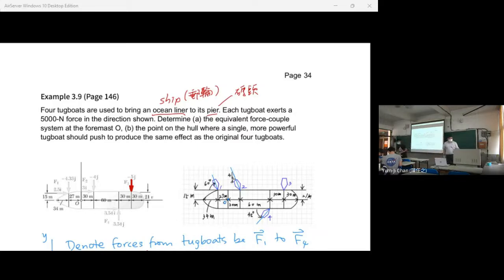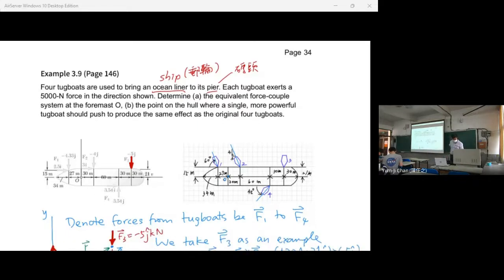We have four forces pushing towards the ship, and we want to determine the force couple system about O. Let's say O is the center of gravity or center of mass here.